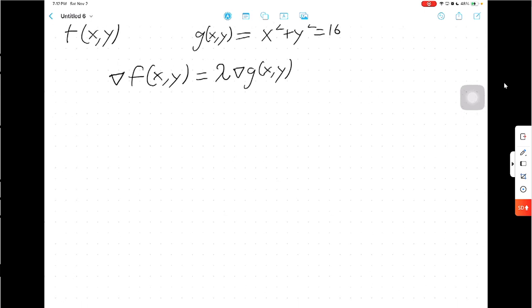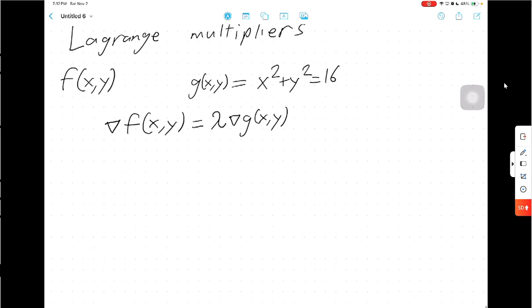Then the idea is to solve for lambda and then use that to solve for x and y. I think this is how I remember it. I think it's in Paul's Online Math Notes, so go check that one out. Other than that, I think that's about it.